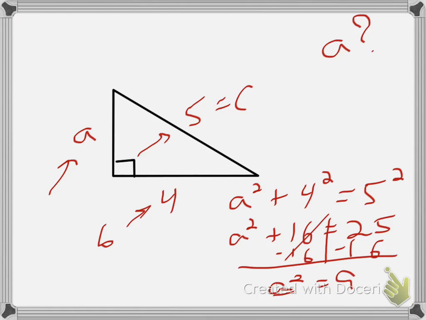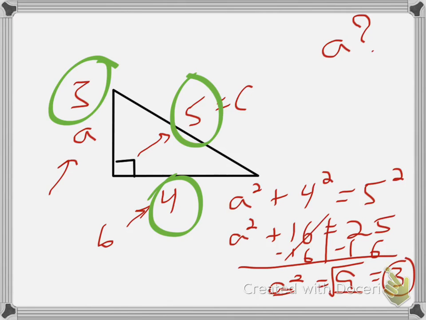Now A squared is the area and 9 is the area. So if we want to just find A, we have to take the square root of 9, which is 3. And 3 is our answer. In fact, this is one of the most popular triangles. It's called a 3, 4, 5 triangle. It's one of the only ones that does that.